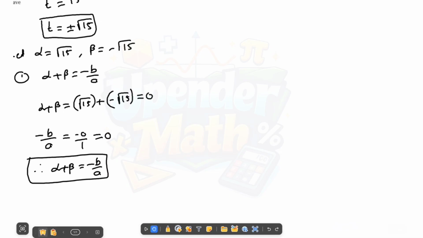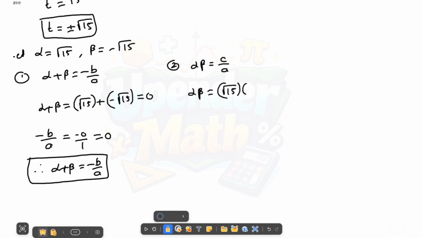Let's see the second relation. What is the second relation? Product of zeros, alpha into beta should equal c by a. So alpha into beta, alpha is plus root 15 and beta is minus root 15. Plus root 15 into minus root 15 is, here we will have minus, right?